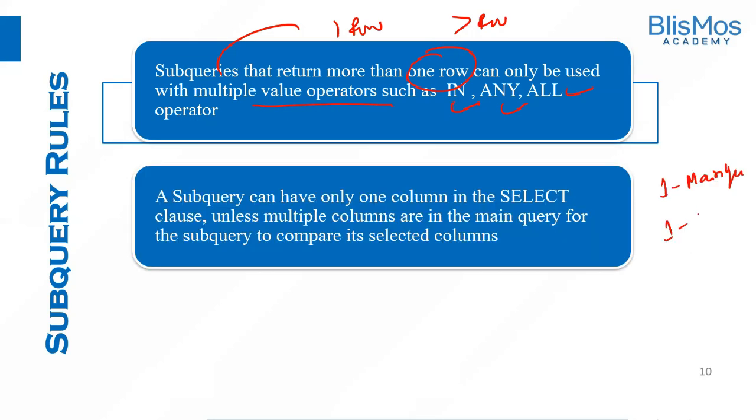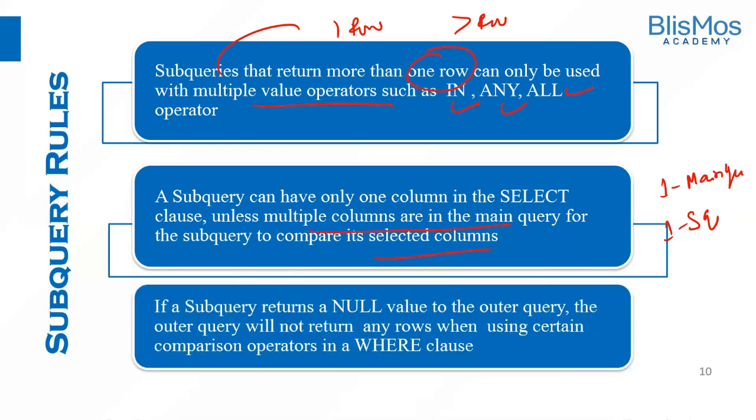You can select only one column as a part of the subquery. You can select more columns in a subquery provided multiple columns are there in the main query. Whenever subquery returns a null, means there are no values, obviously outer query, main query will not return any rows. Awesome. We understood some of the important subquery rules.